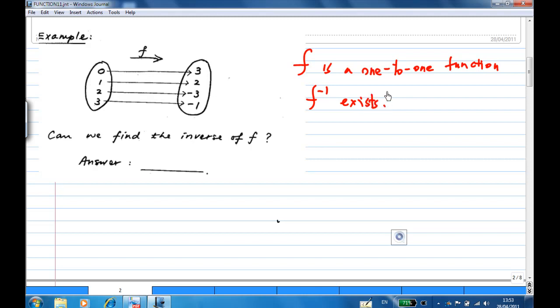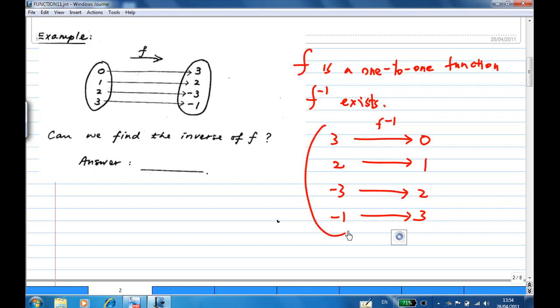And what does the inverse do? The inverse will actually send 3 back to 0. Instead of 0 to 3, f inverse will send 3 back to 0. 2 will go back to 1. -3 will go back to 2. And -1 will go back to 3, as you can see from here. So this is what the f inverse function will do.